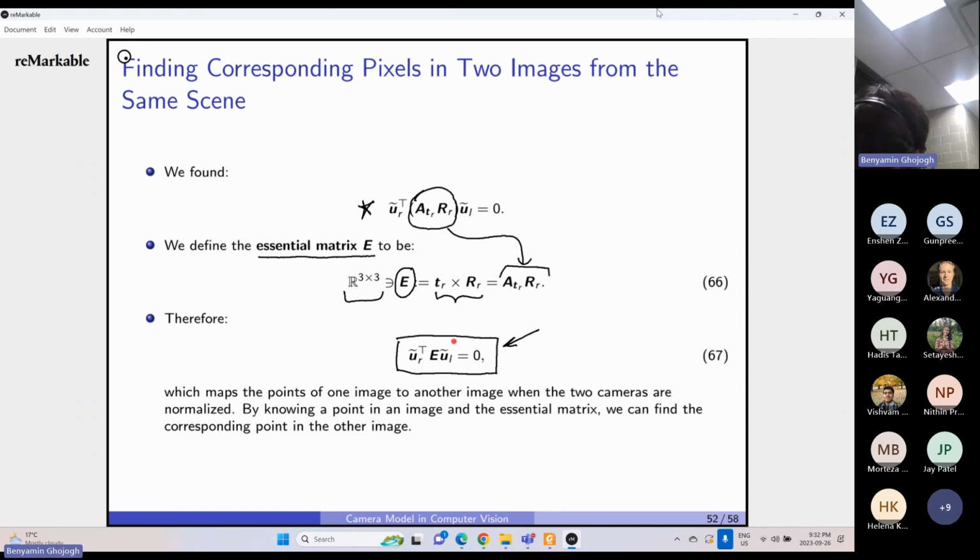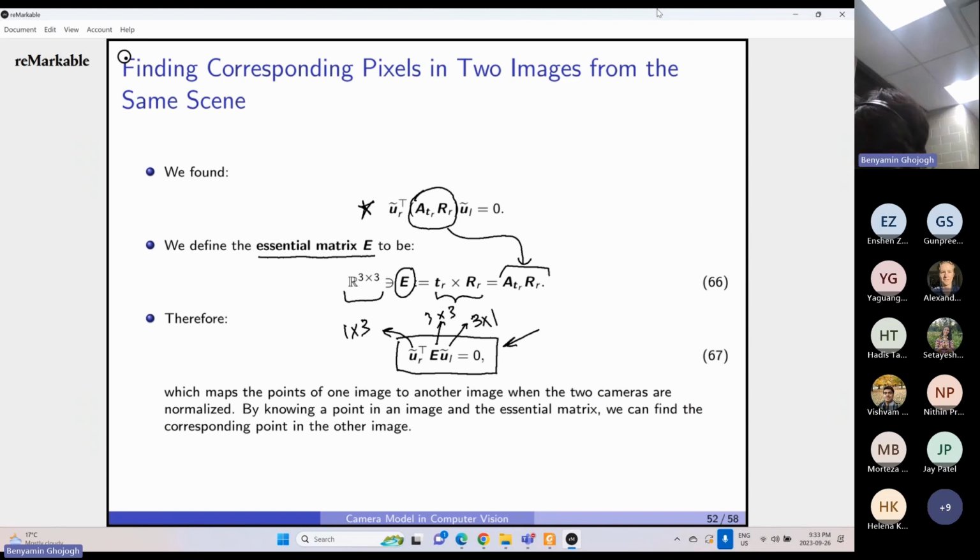Why? Because this is a 3x1 vector, right? Because we have 2 coordinates in the pixel, but it's homogeneous. So it's 3x1. This is 1x3, and this is 3x3. So the whole thing is one equation equals 0, right? And what is it doing?